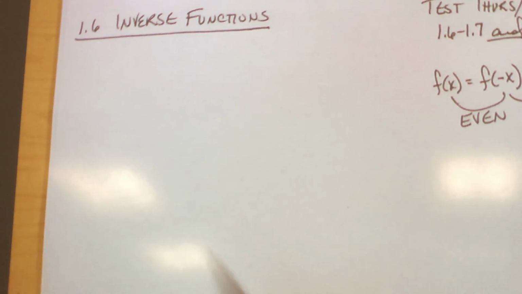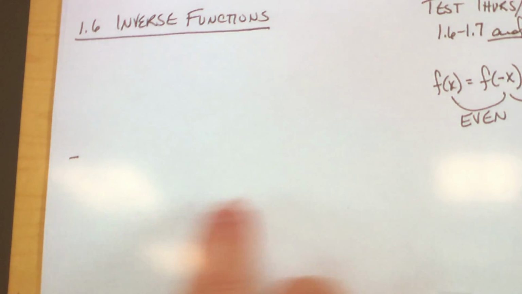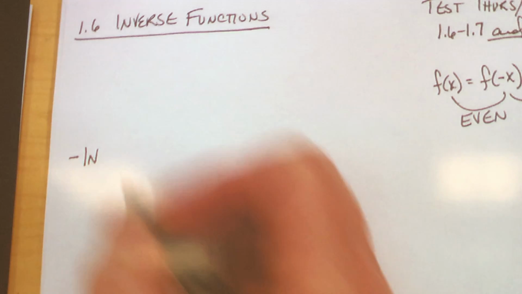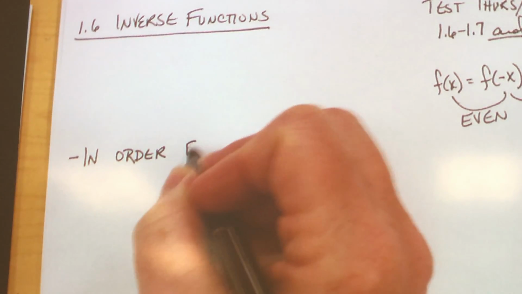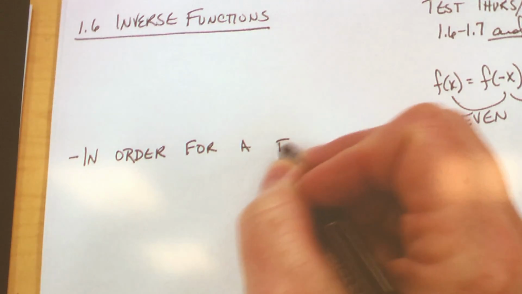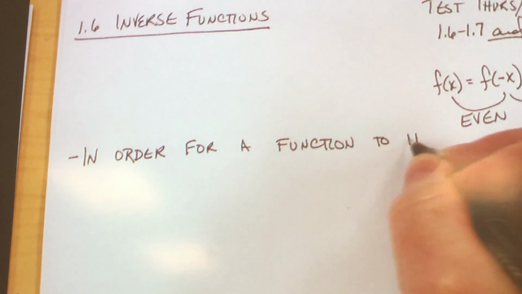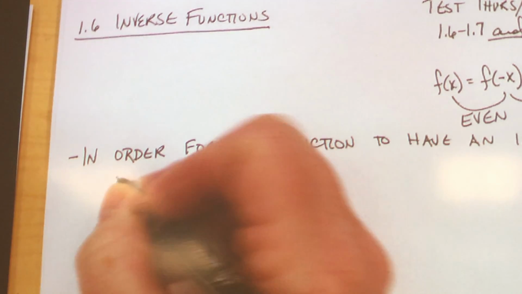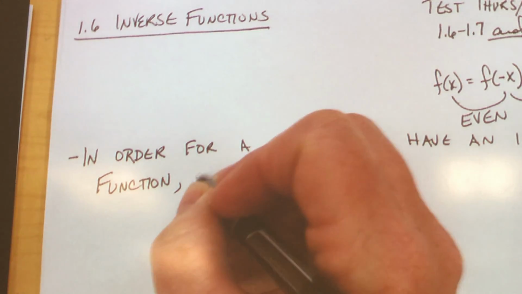Are you ready? We're gonna talk about inverse functions, 1.6. First thing you need to know, very, very important. In order for a function to have an inverse function, it must be 1-to-1.